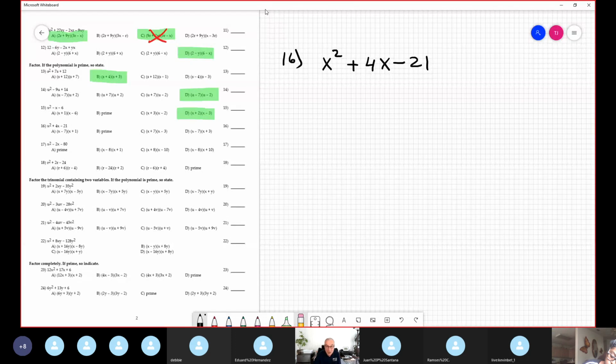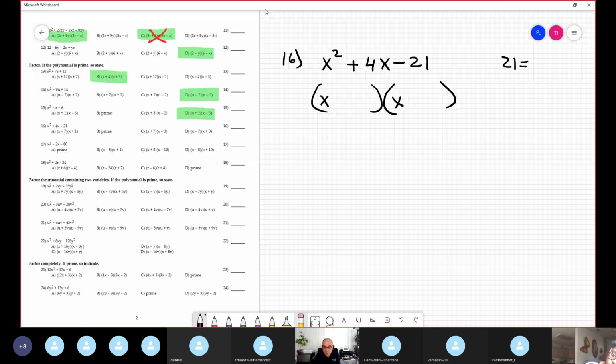Now you open two parentheses. Put the name of the variable and try to find the key to open the door. 21. Well, it's easy because for 21 we have only two possibilities: 21 times 1 and 7 times 3. And 7 minus 3 is 4. When adding it's 10, but I don't care; when subtracting it's 4.